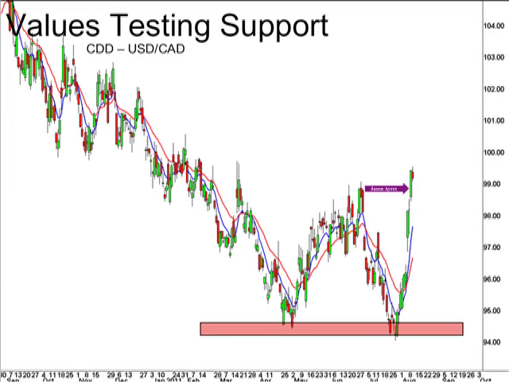That would be one indication. Here we have that crossover of the moving averages, and right now the CDD, which is reflecting U.S. dollar strength against the Canadian dollar, is trending to the upside.